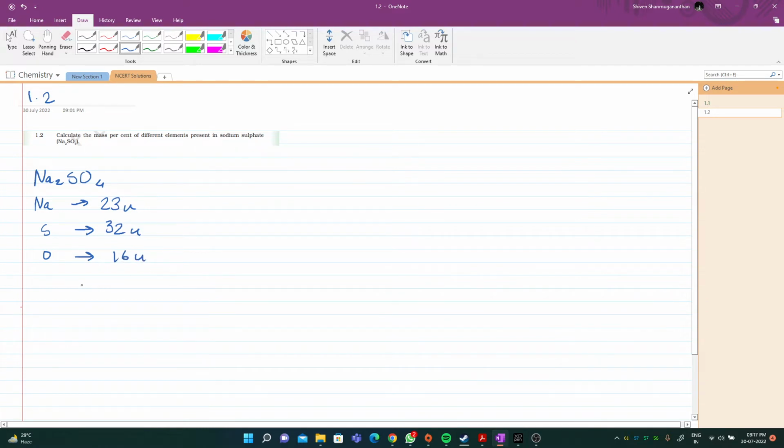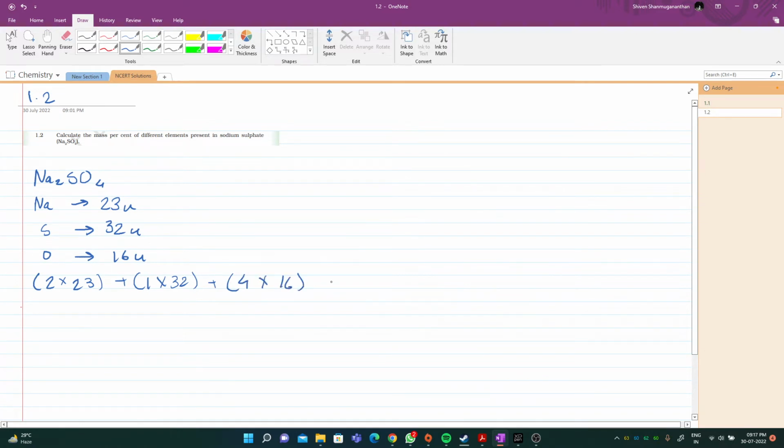Now, let us first take the molecular mass of Na2SO4, sodium sulfate. So if you remember the formula we did in the previous video, we would get 2 into 23, since there are two atoms of sodium, plus 1 into 32, since there is one atom of sulfur, plus 4 into 16, since there are 4 atoms of oxygen.